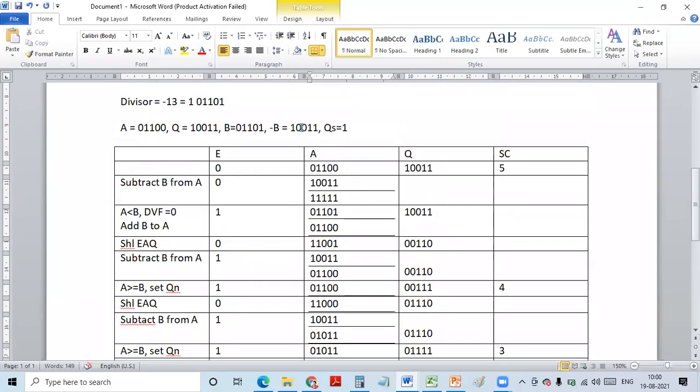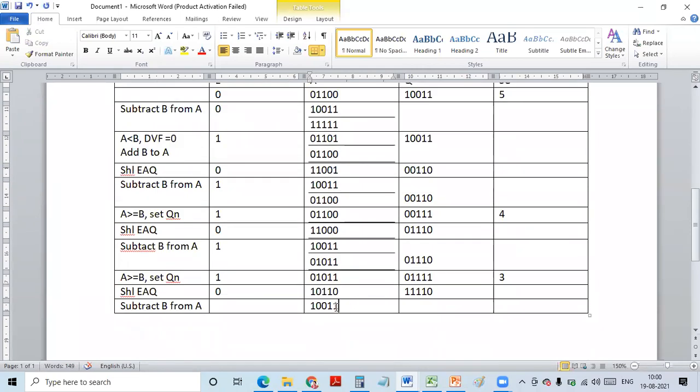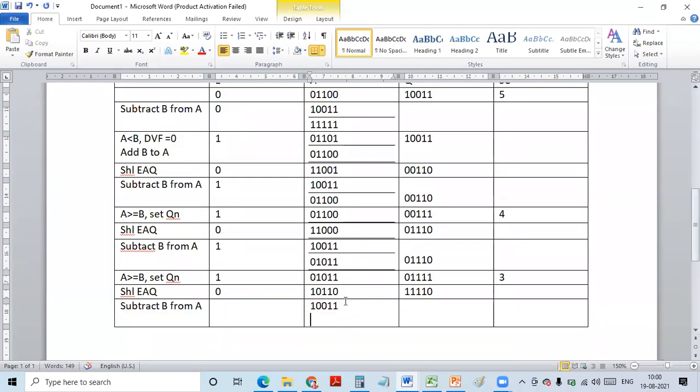Okay, minus B 1 0 0 1 1. We have to add. So check after adding what is the value I'll be getting. This is 1 1 0 and this is 1 0 1 and this is 1 and 0. Okay, so 9 and here E is 1, right?